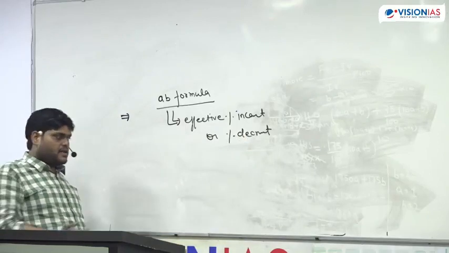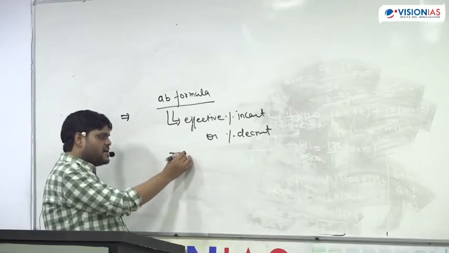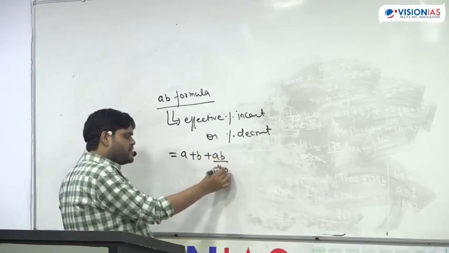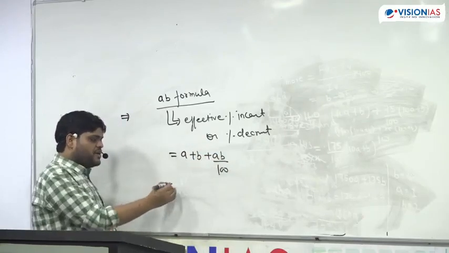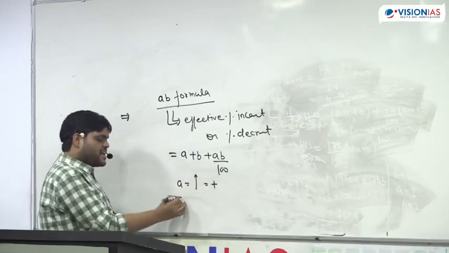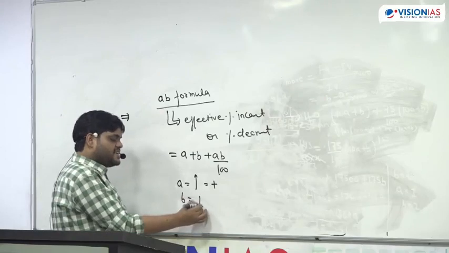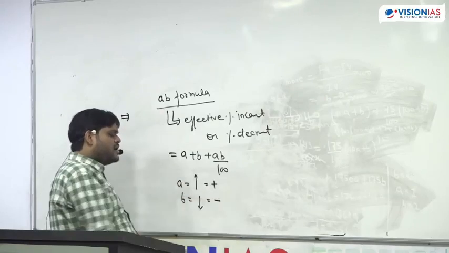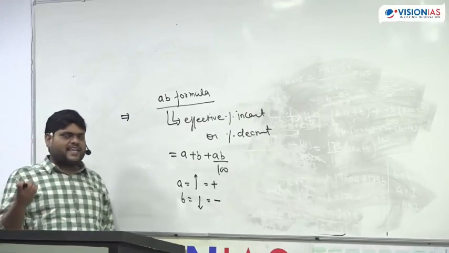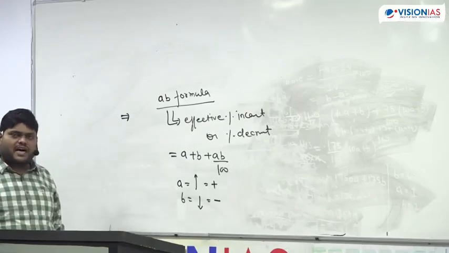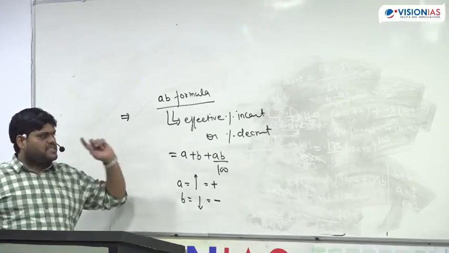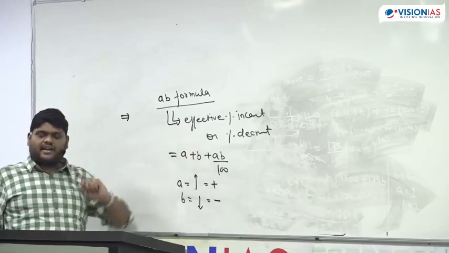The formula is A plus B plus AB upon 100. If a number is increasing, we will use a positive sign. If a number is decreasing, we will take a negative sign. So the AB formula basically gives us the effective increment or decrement.